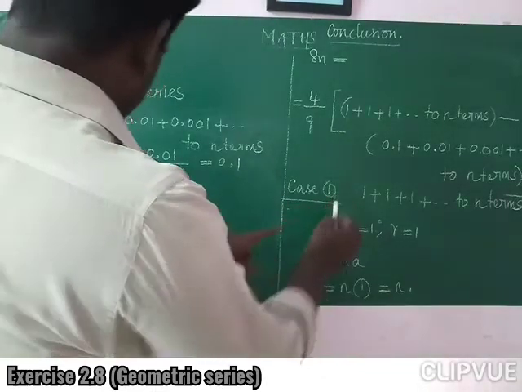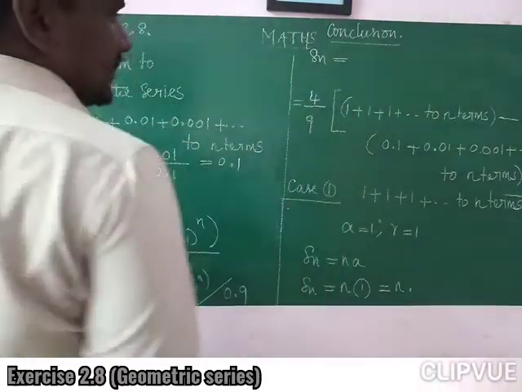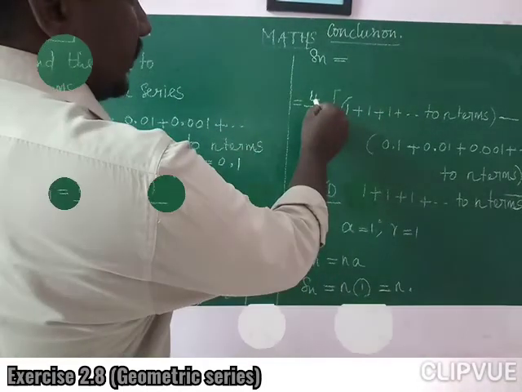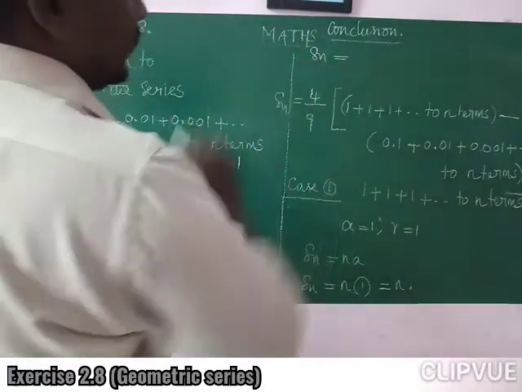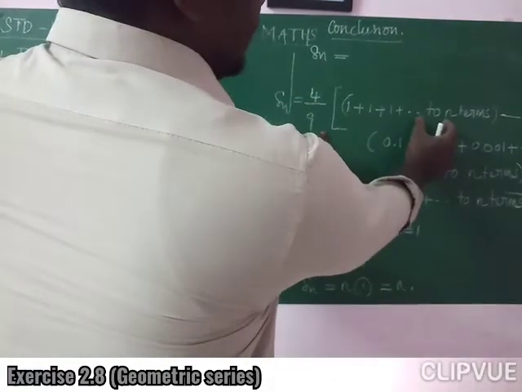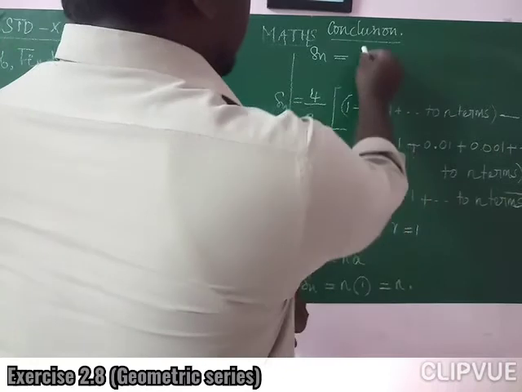From case 1 and case 2, we conclude the question. So Sn equal to 4 by 9 of, instead of this series, I am going to write this answer.